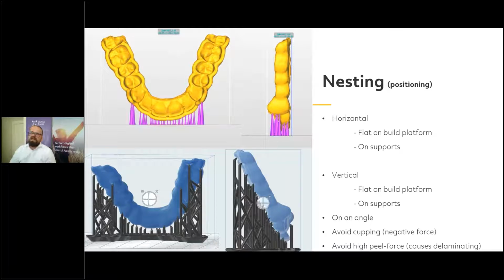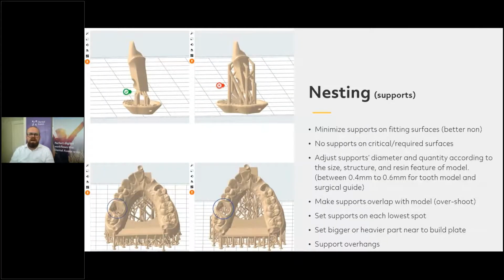One of the things with nesting, and this was about the position, is the supports. It's very important to think about where I am going to place supports. I need to minimize the supports on a fitting surface, or even better, have none, because you don't want to cut that away.